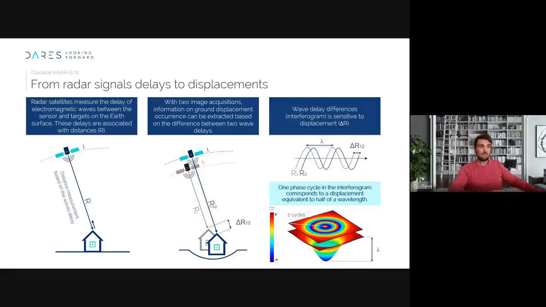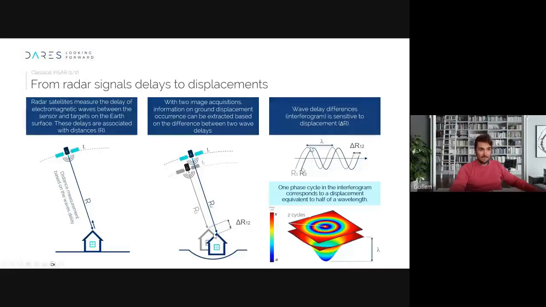Okay? If the area that I was monitoring in the first image has changed position, I will have a shift in the phase. The phase of the first image is this one, R1, and the phase of the second image is this one.